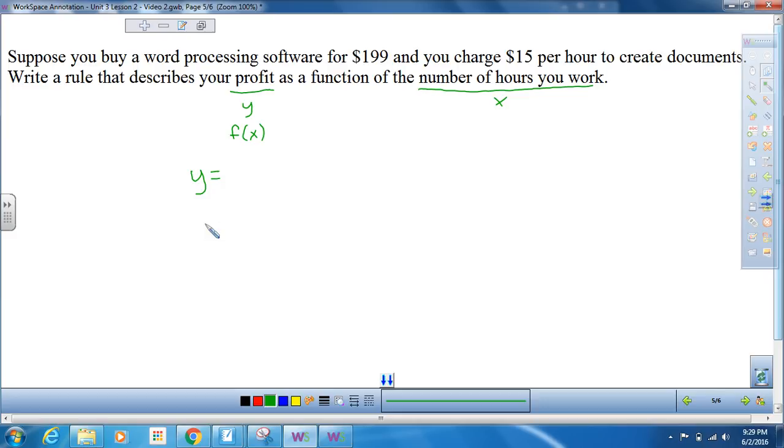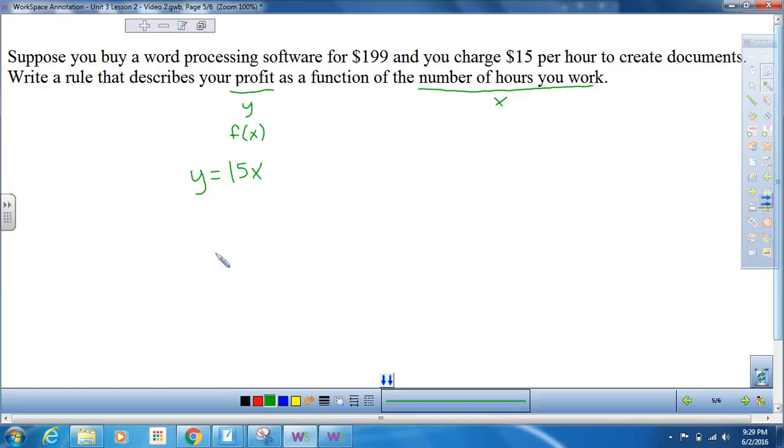So you're going to buy a word processing software for $199. Okay, that's a one-time charge. So when I put that in, I'm not going to put a variable. But then you get $15 per hour to create documents. So the per hour is a giveaway that it's going to change based on the number of hours, so I have to put x there. Okay, so 15x.